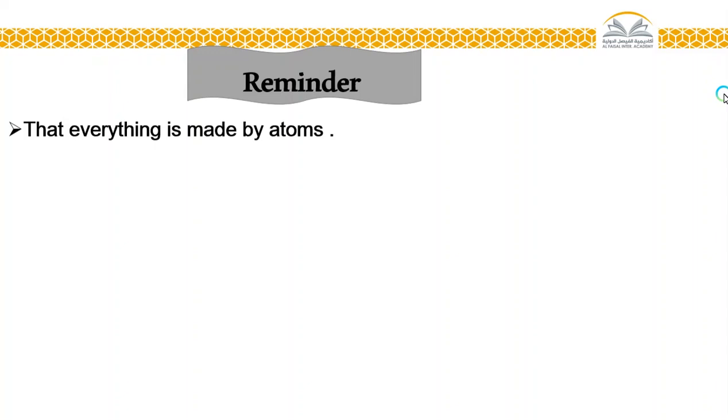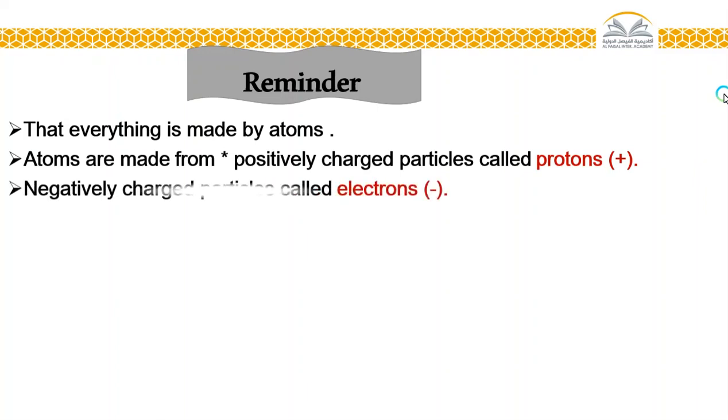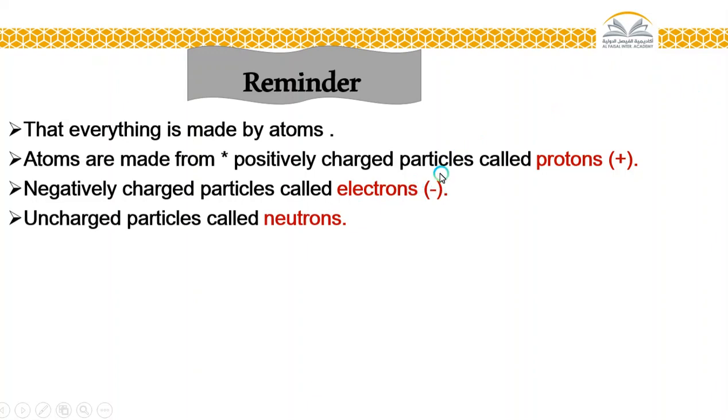Inside these atoms are electric charges. We have three kinds of particles inside: electrons, protons, and neutrons. The electrons first are negatively charged. It's minus, negatively charged, as is written here. Negative charges are called electrons.